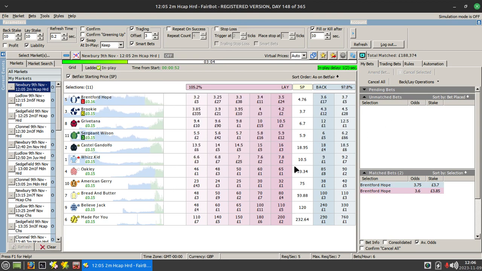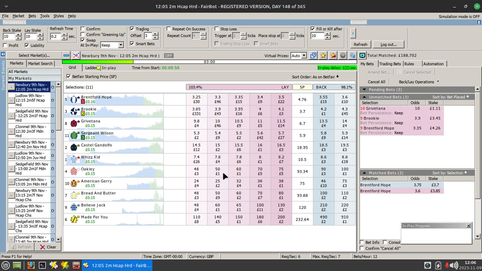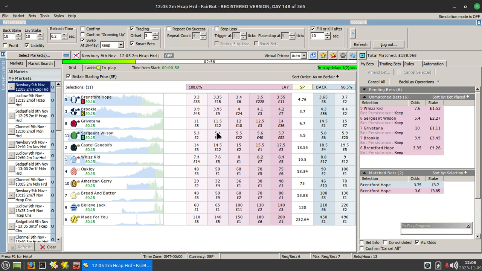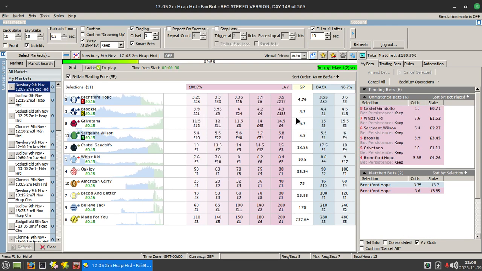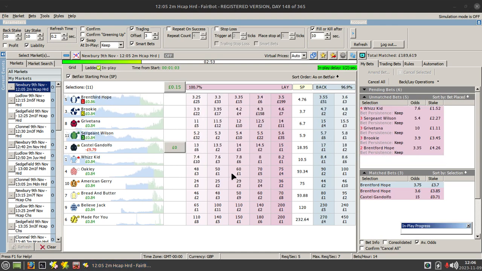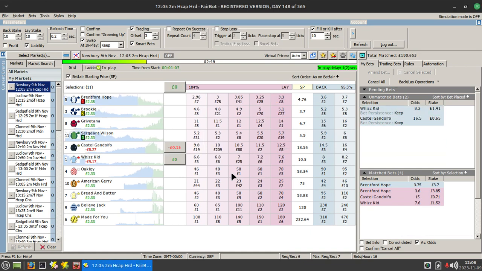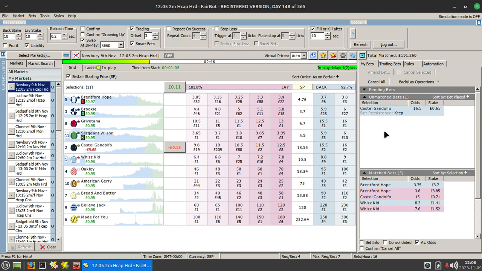Now, you can see all my bets have gone. I can get back involved again. I did click on a 15 odds one there, but as I say, I'm doing this live and I'm commenting live, so it is a bit of a distraction at times. Right, you'll see all my lays have gone.